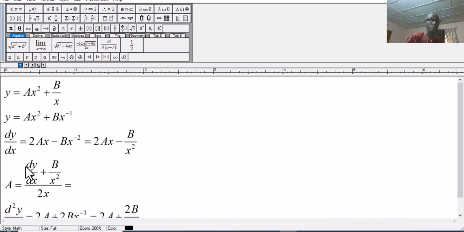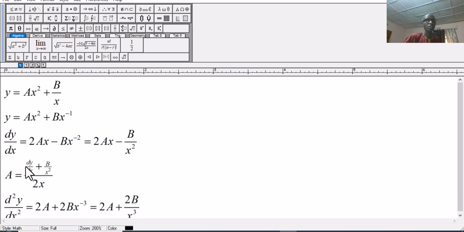Let me write this as dy/dx plus b over x squared, over 2x. So you can clean this one off. So that is for a.